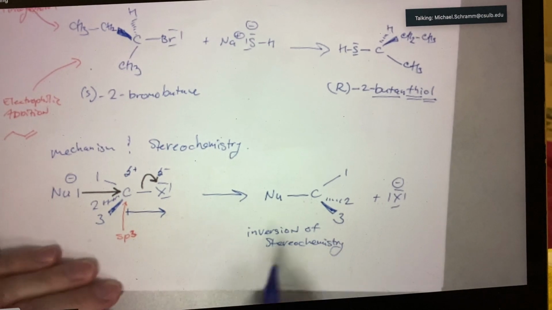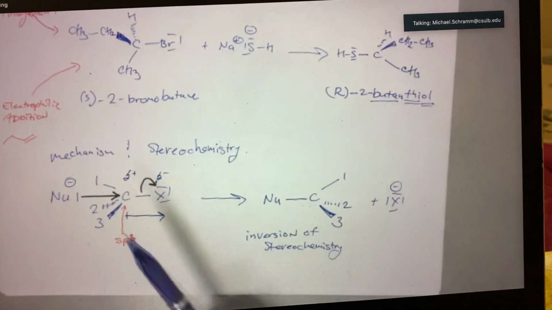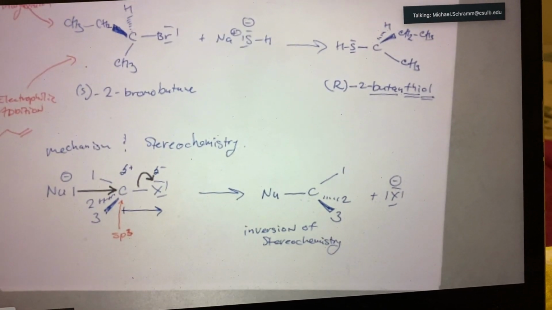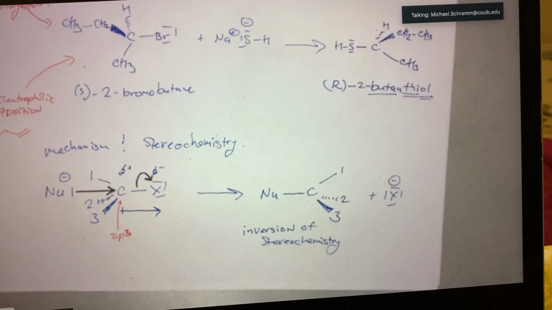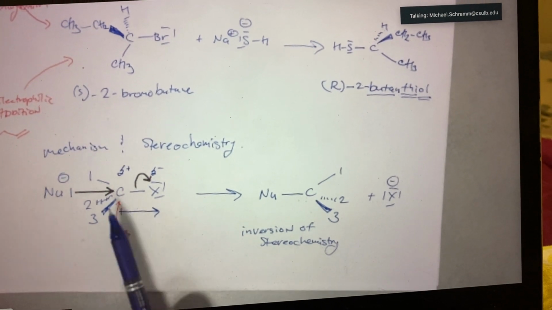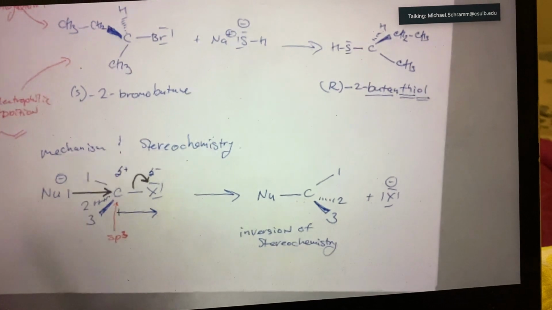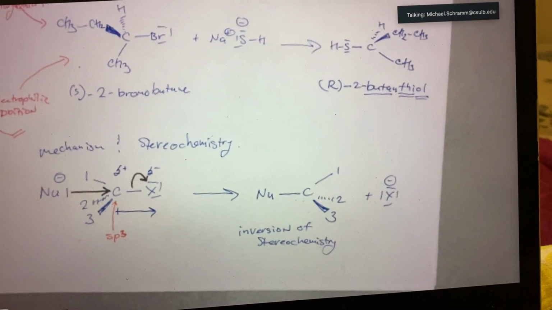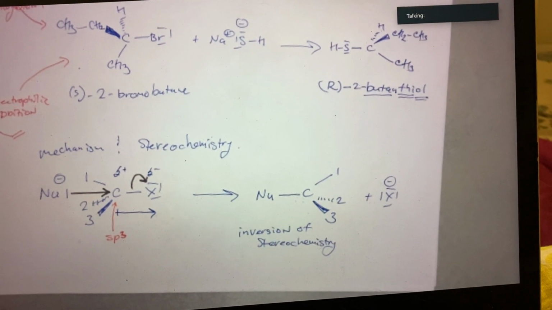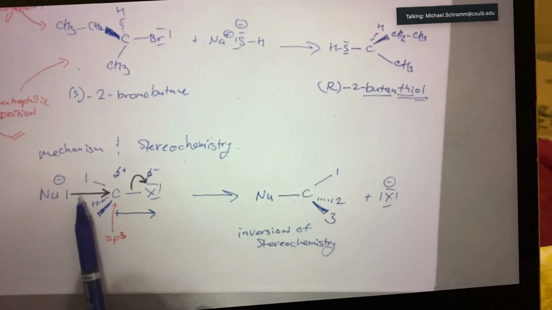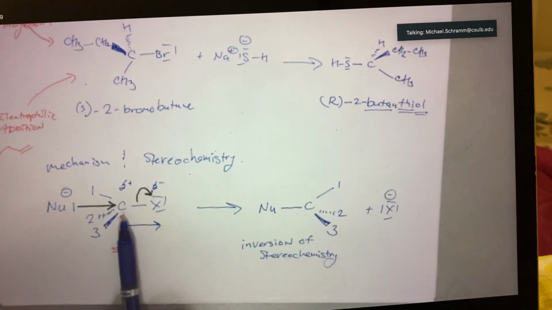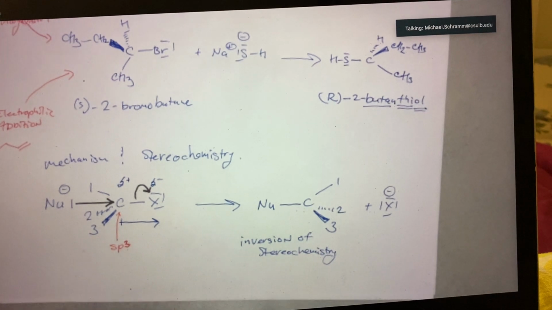We can see that the stereochemistry has inverted. These 3 groups are kind of going this way. Now they're going to the right. And if we were to calculate R or S for this, if we were to assign some priority numbers to these things, we would see that it had flipped here. So the important details are this mechanism, and that if we have a chiral center here, the stereochemistry inverts.